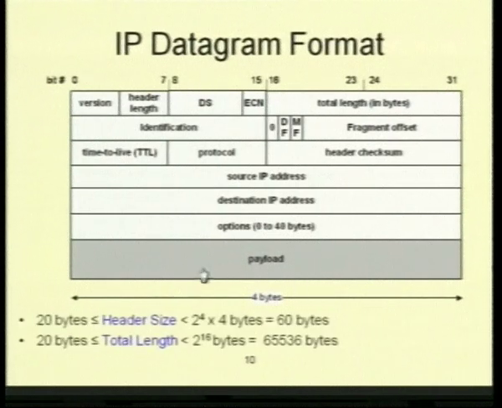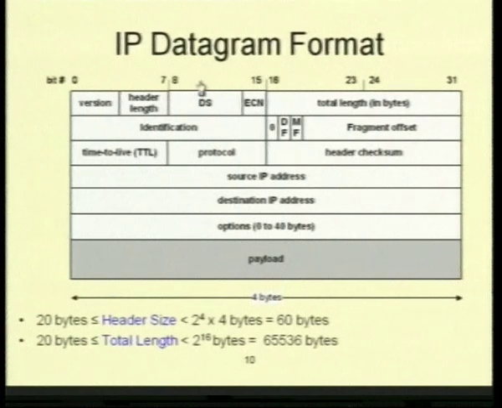Now, the entire packet consists of a header plus the payload, and the header itself has a constant portion plus an optional portion. If you look at the size of the header, each of the rows that we have here is 4 bytes, 32 bits, and we have 5 such rows which form the standard part of the IP header.